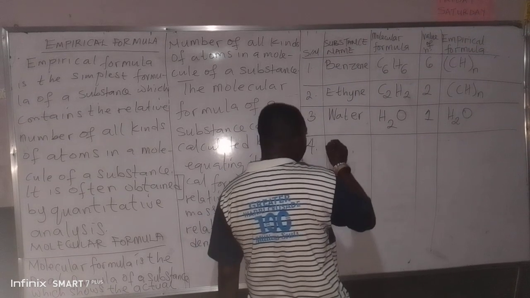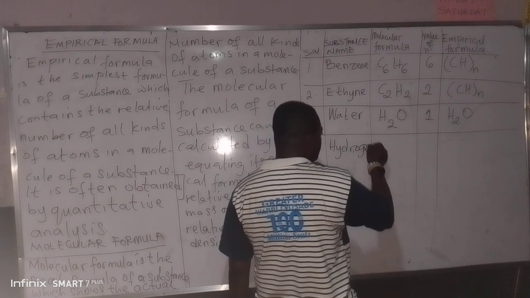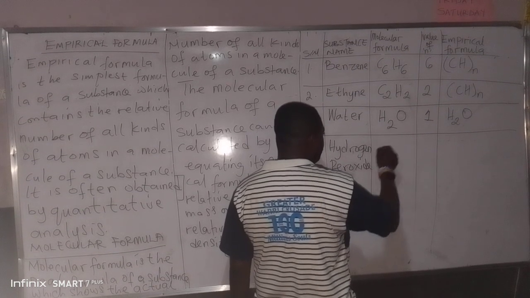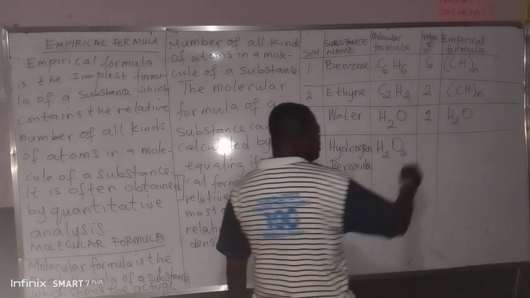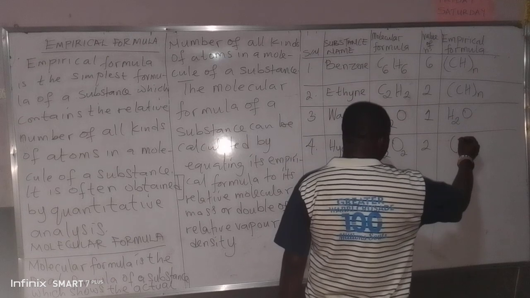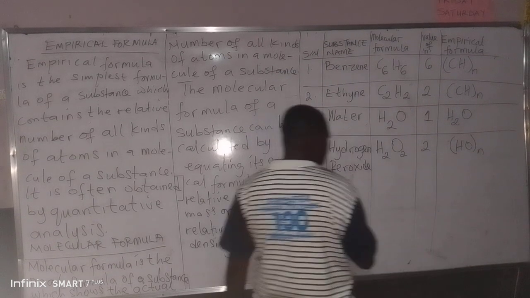Now look at this. Let me give you more examples. We have hydrogen peroxide. The molecular formula is H2O2. So what is common to hydrogen and oxygen is 2. Factorize it out, we have (HO)n. So that is that.